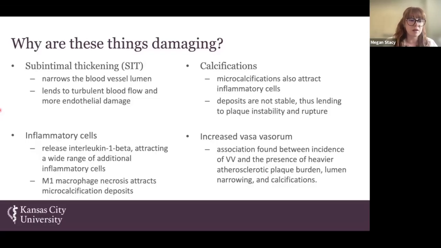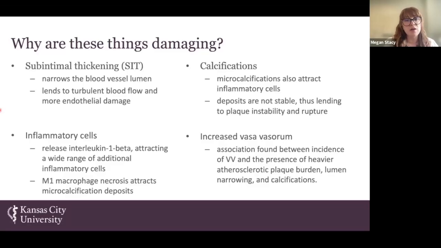Inflammatory cells can certainly be damaging. These M1 macrophages release a lot of interleukin-1 beta, which attracts a wide variety of additional inflammatory cells to the area. And then as we've established, those M1 macrophages, as they die and get necrotic, form the microcalcification deposits.